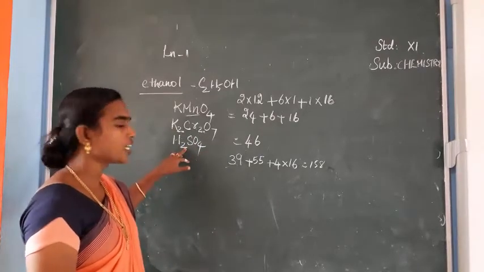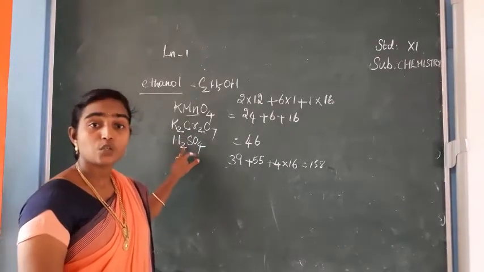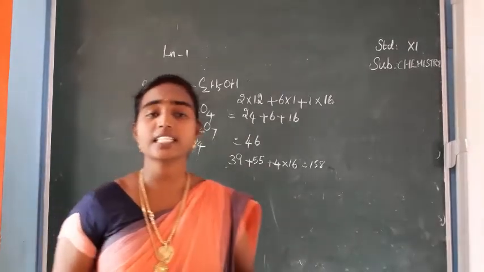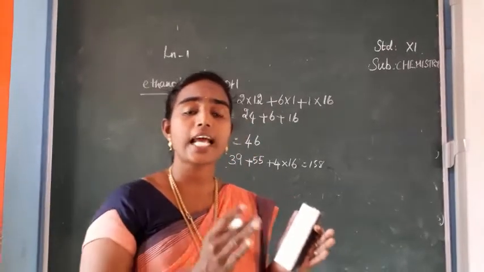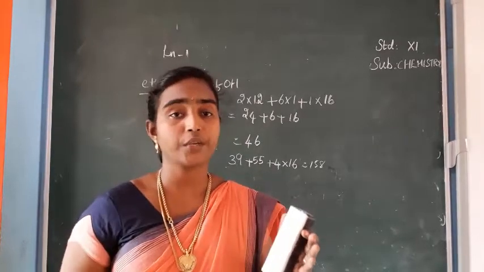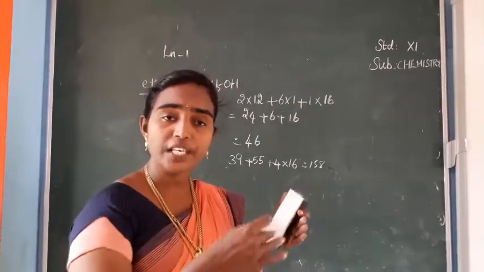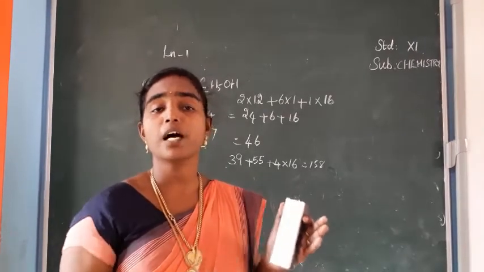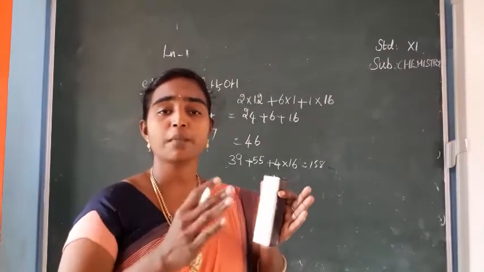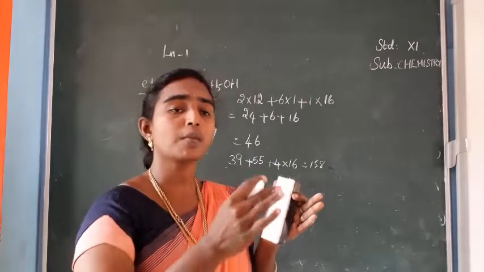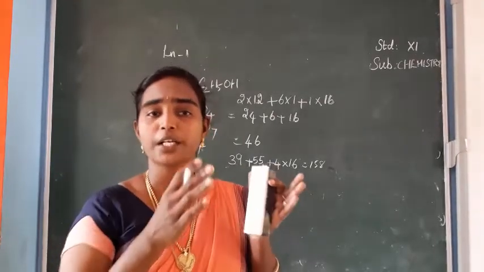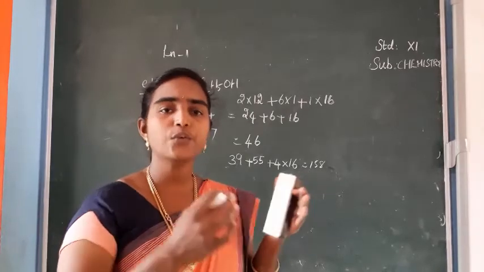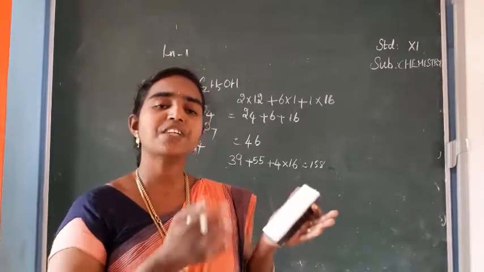Next, the sulfuric acid. This sulfuric acid is important. When the question is asked, calculate the gram equivalent mass of sulfuric acid, there also we need to calculate the molecular mass, because the gram equivalent mass is equal to the molar mass or molecular mass of that particular compound divided by basicity if it is an acid, or divided by acidity if it is a base.